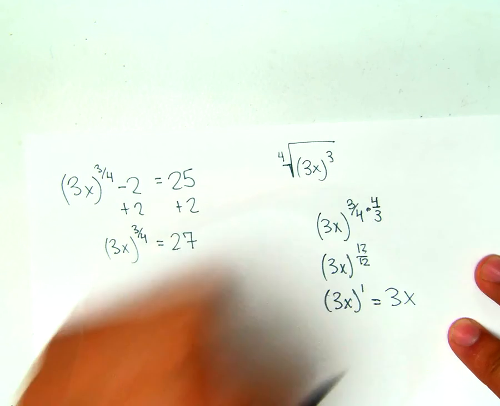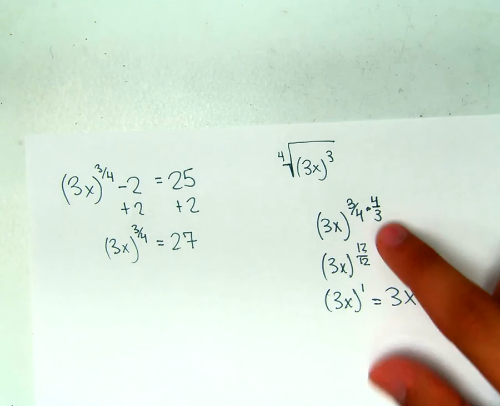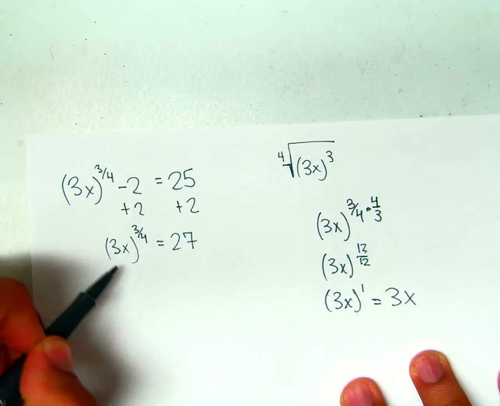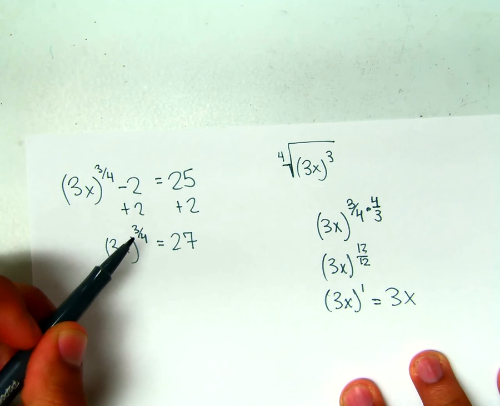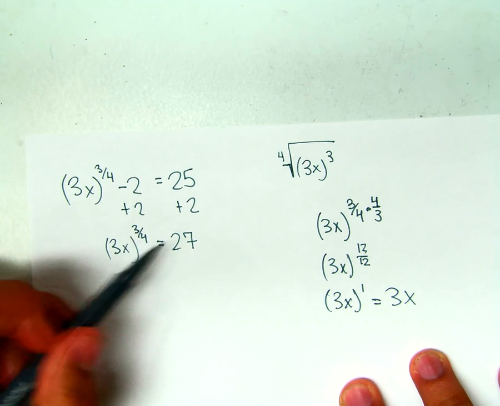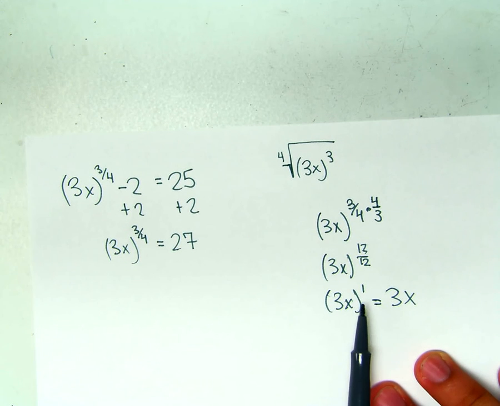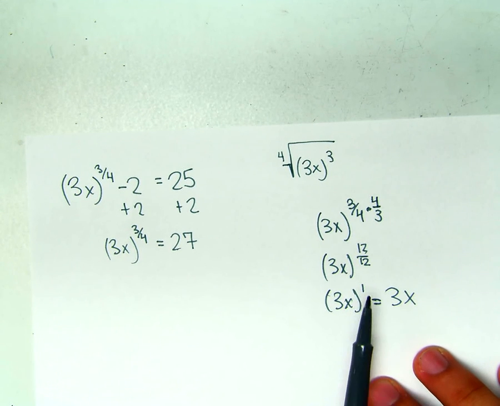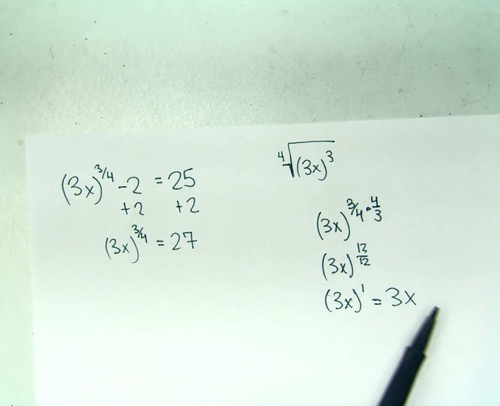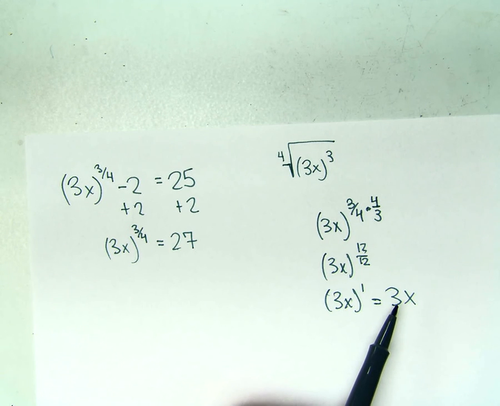So by raising this 3x to the reciprocal, you eliminate the exponent. You make the exponent 1. And anything to the first power is just itself. Does that make sense?